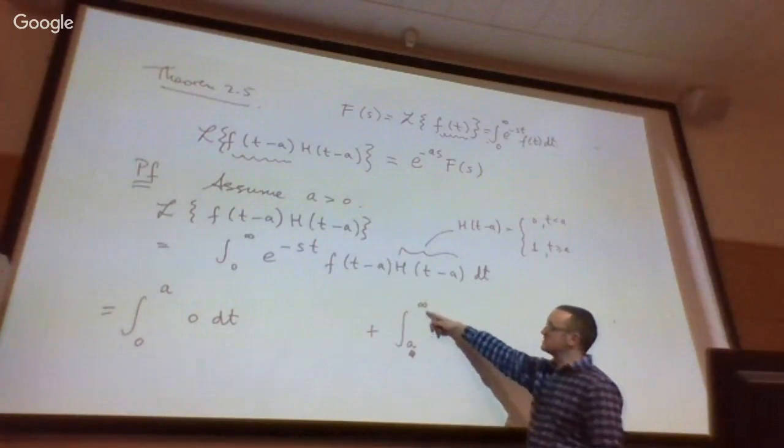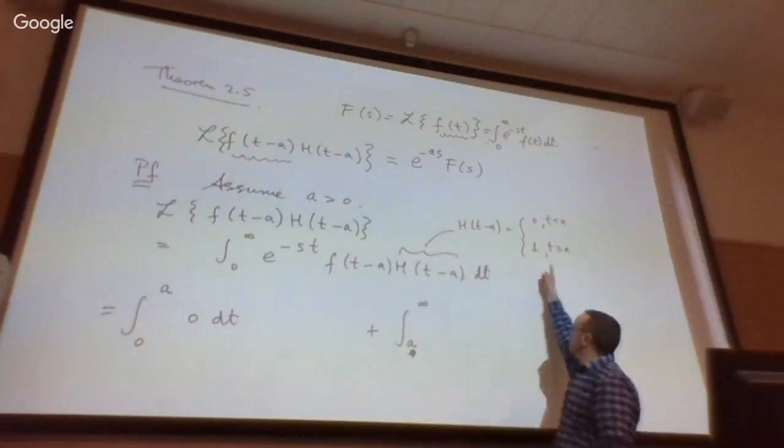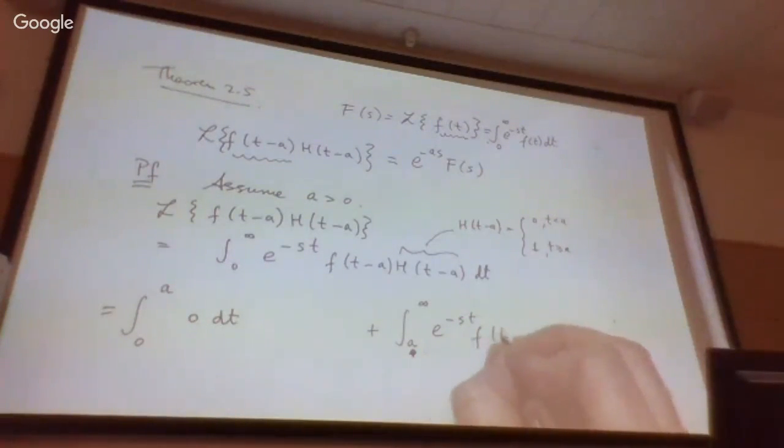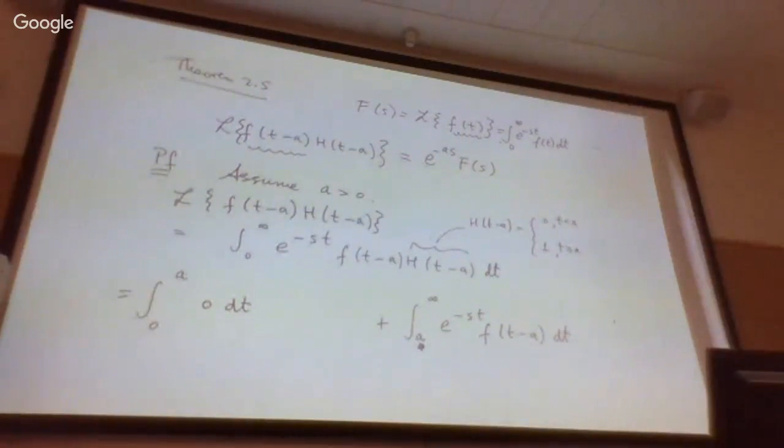This part here, when t is past a, as it is in this integral where t is between a and infinity, the Heaviside is just taking the value of 1. Again, that's easy to deal with. We just omit it from the product, because it's just equal to 1. That wasn't too painful.